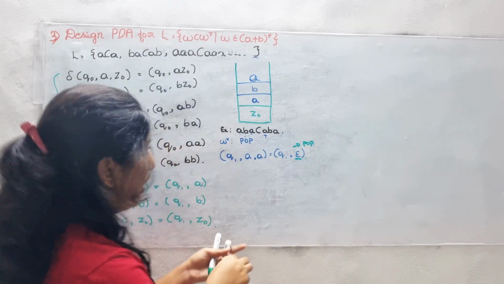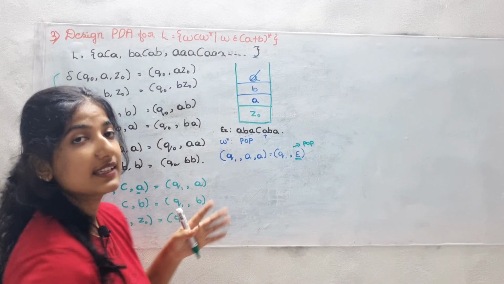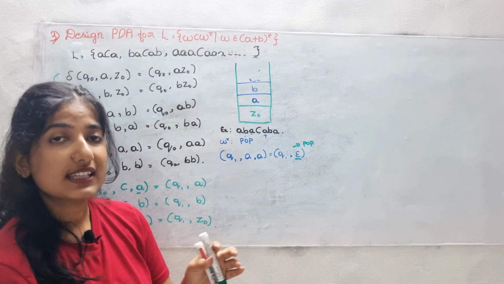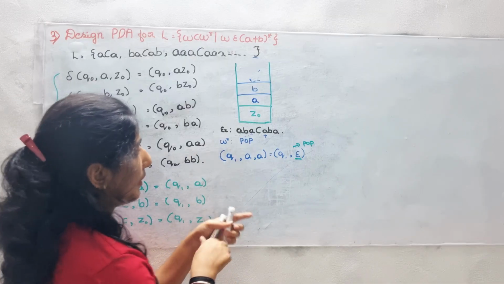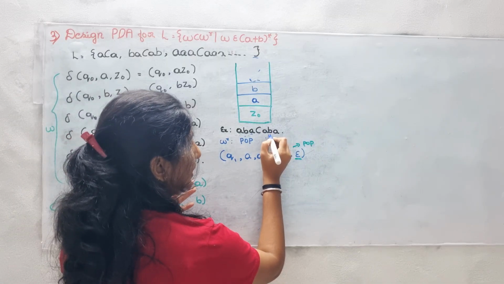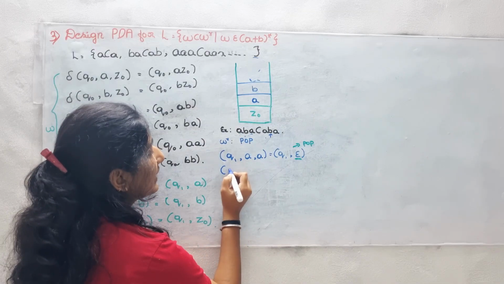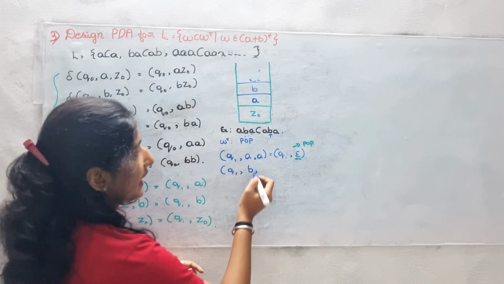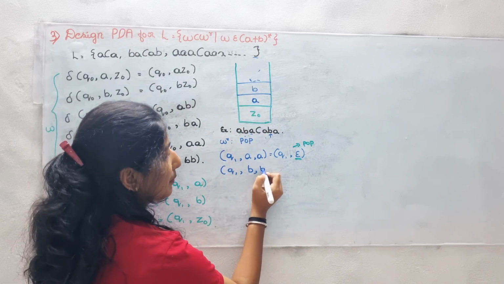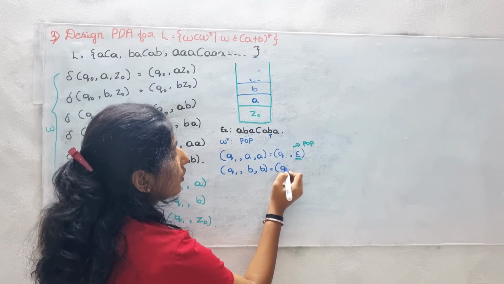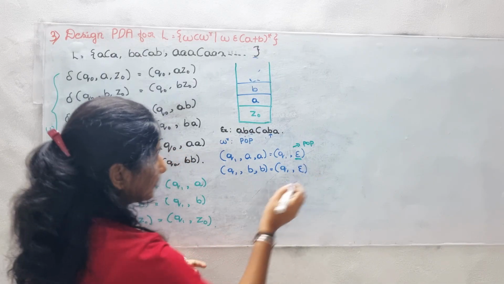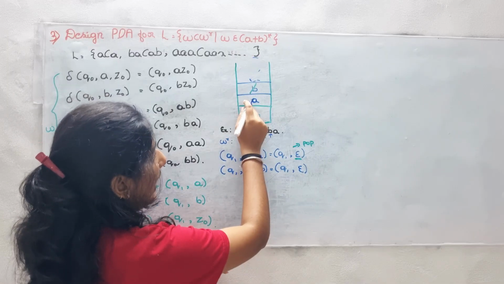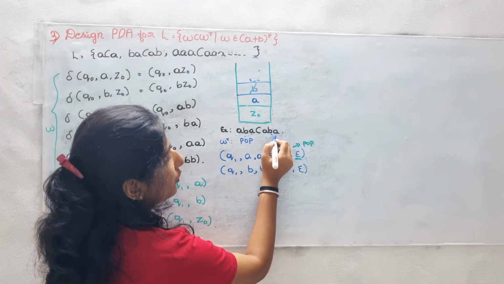Pop, we can strike it out or erase this A. And then the next marker will move to the input symbol B. So in the state Q1, if I get input symbol B and the top of stack is B, I will pop that B. And again I have this A, so the marker will move to A.